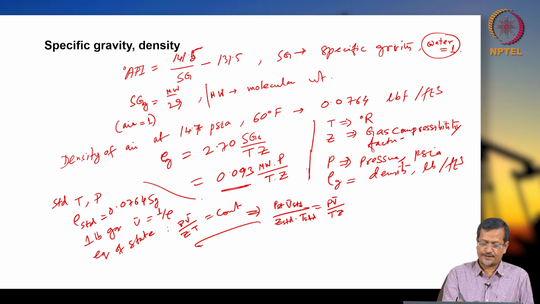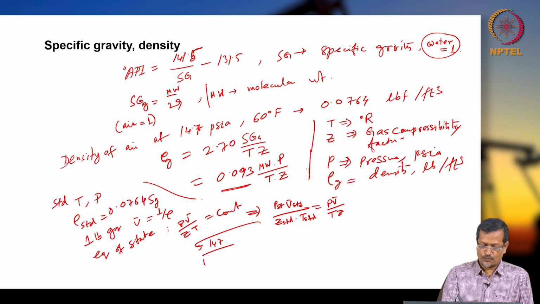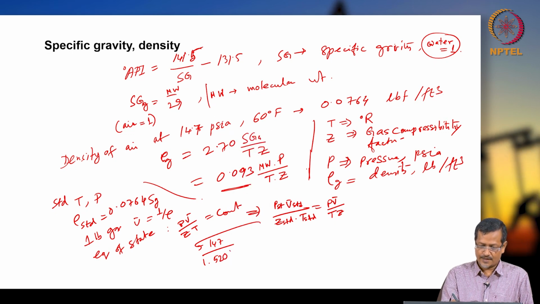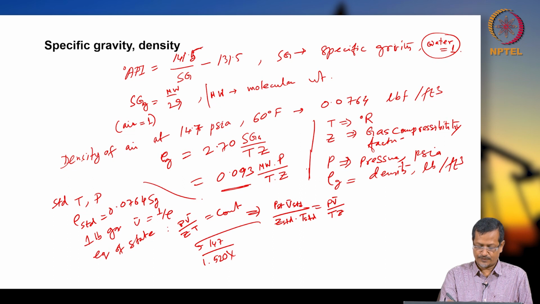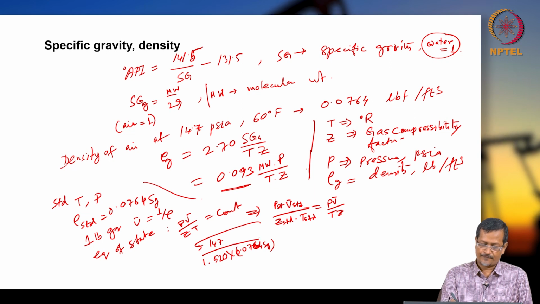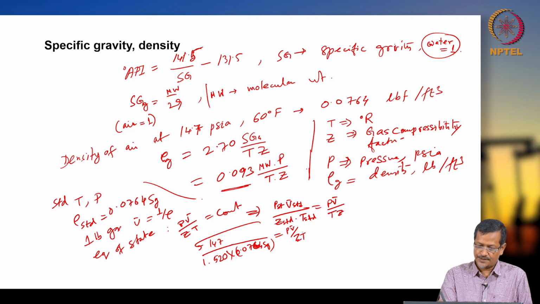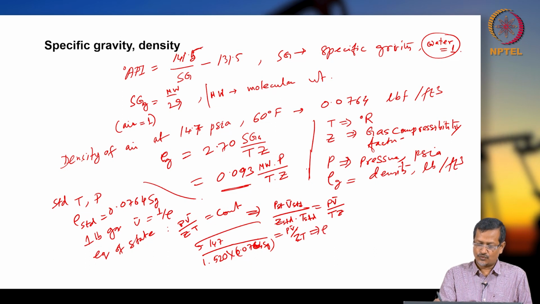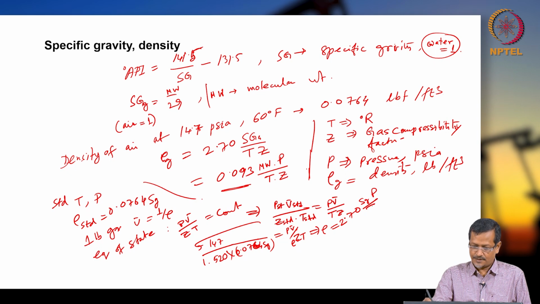If you put all the values, P standard 14.7, Z standard 1, temperature 520, and V equals 1 by rho, which is 0.0764 SG, equals PV bar by ZT. So rho equals 2.70 SG P by TZ.